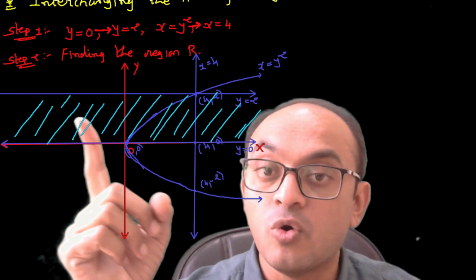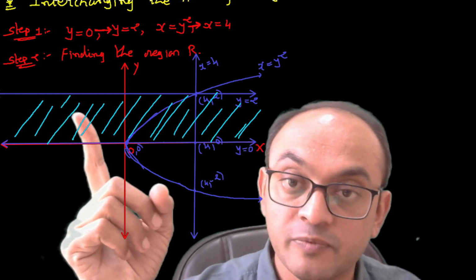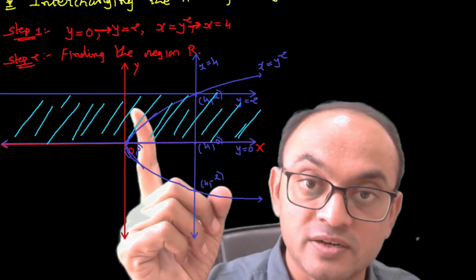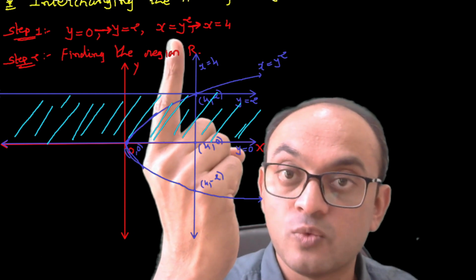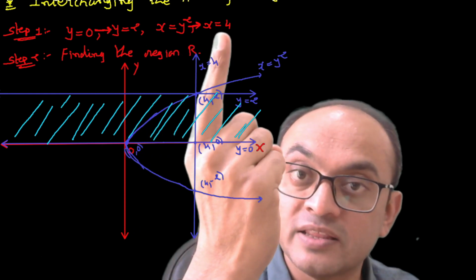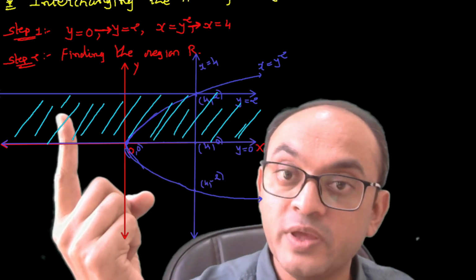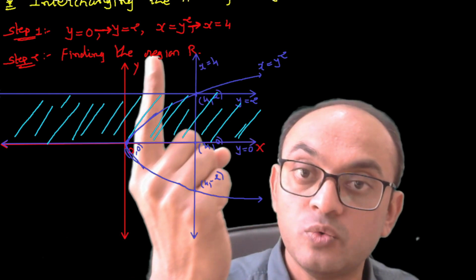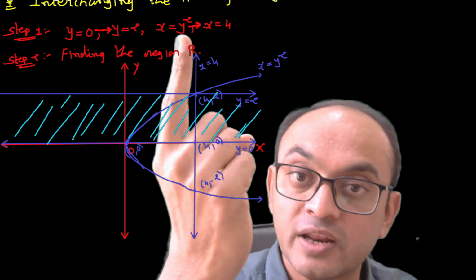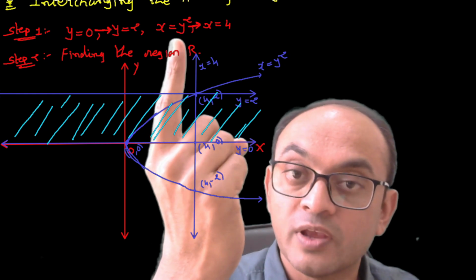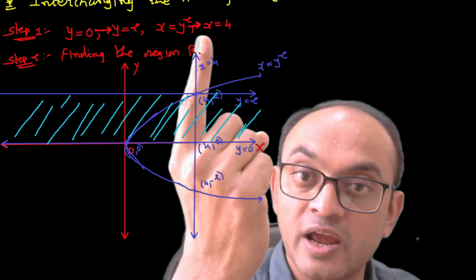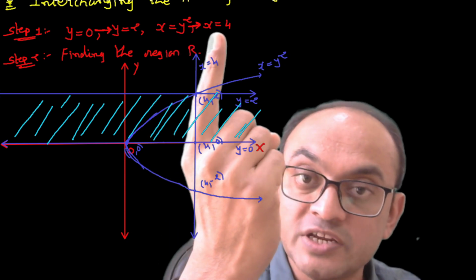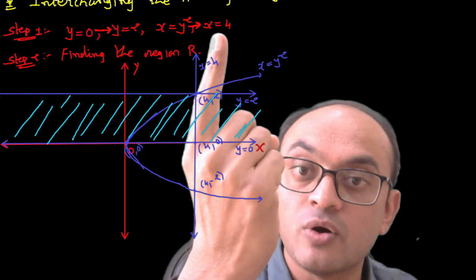You have to walk horizontally in this strip from left side to right side. My region starts from the curve x equal to y square and ends at the line x equal to 4. So when you are moving, you observe when you enter the curve x equal to y square, that is the start of our region, and when you reach x equal to 4, that is the end of the region.